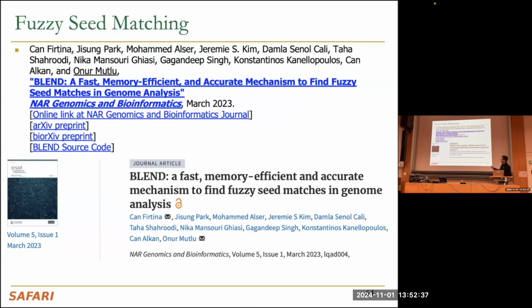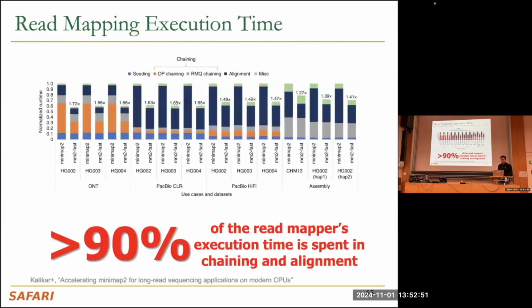We look at essentially how we can perform seed matching or subsequence matching accurately to improve the accuracy and the performance of read mapping. If you're interested in this direction, you can take a look at this paper. But eventually what we see is that the dynamic programming computation inside read mapping, which is mainly used in alignment and chaining, makes up almost the entire execution time of read mapping.